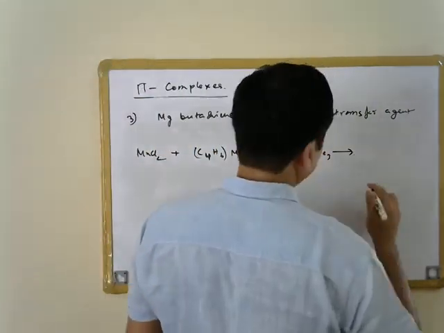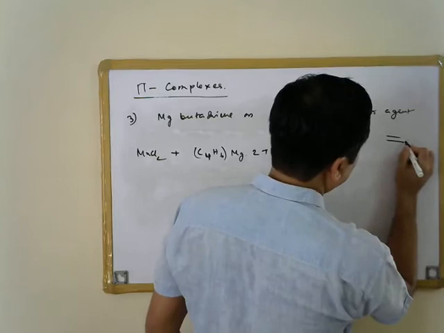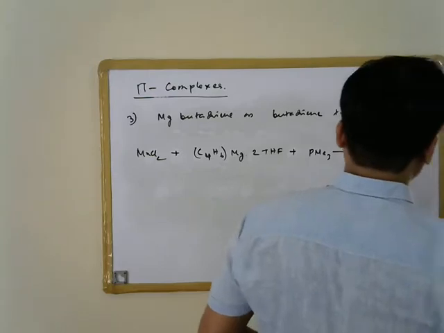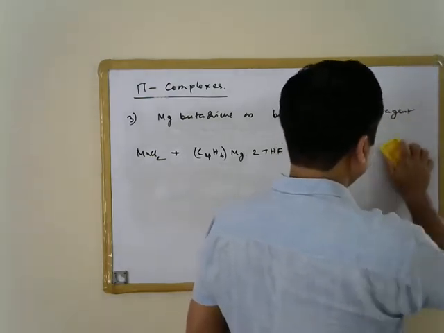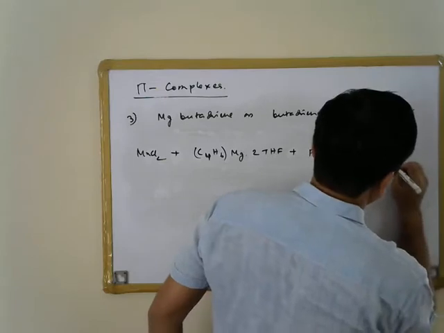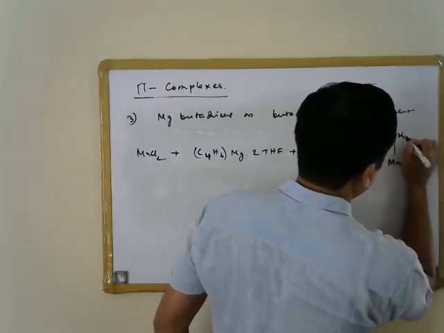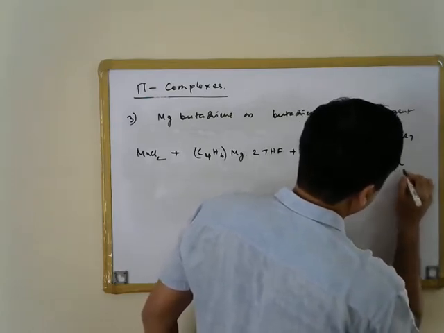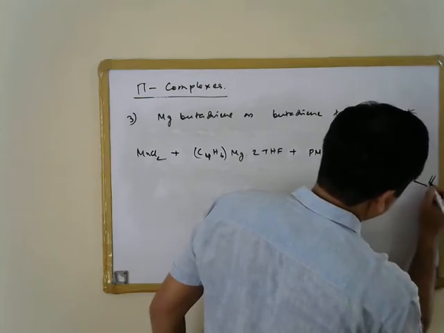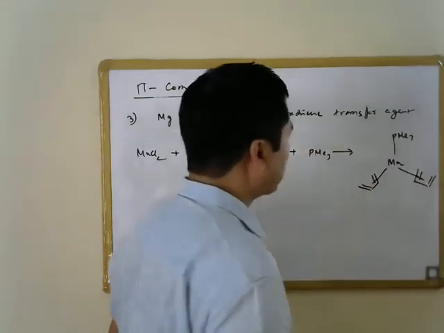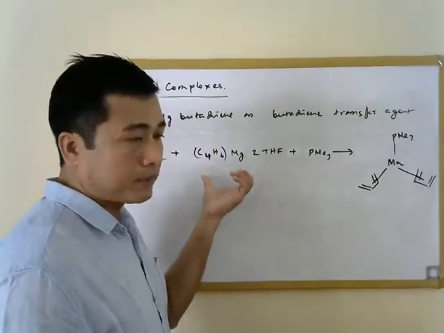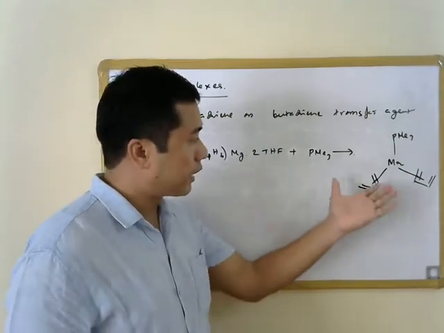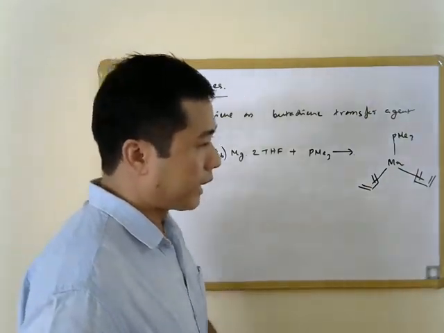So now what you are going to produce is Mn, PMe3, this sort of complex where now butadiene is transferred from this magnesium complex to this manganese center, and it forms again a butadiene complex with the manganese over here.